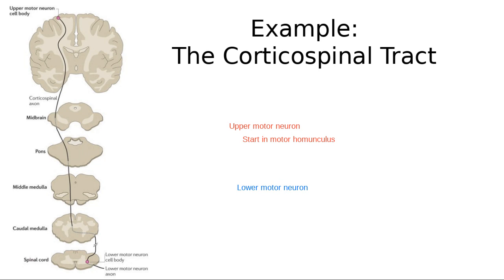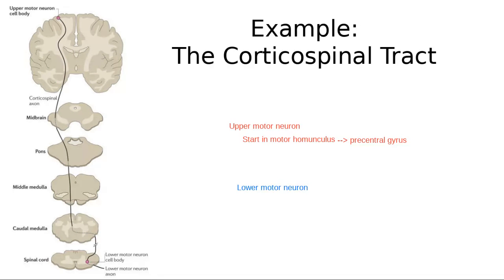Remind me in the chat, what's the name of the bump in the brain that has the motor homunculus? Where do I find that motor map? Yeah, so the motor map is in that place called the precentral gyrus. The precentral gyrus. My upper motor neuron, its cell body, its thinking part, is up here in the motor homunculus.